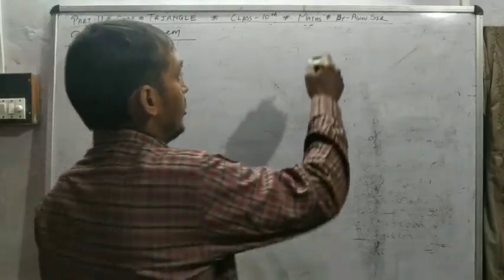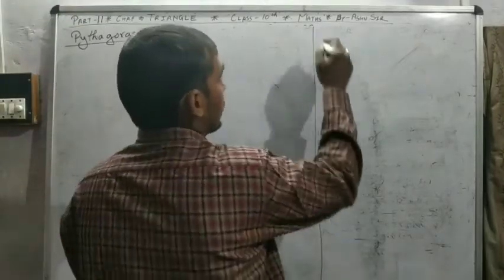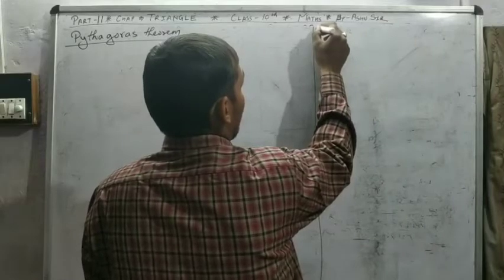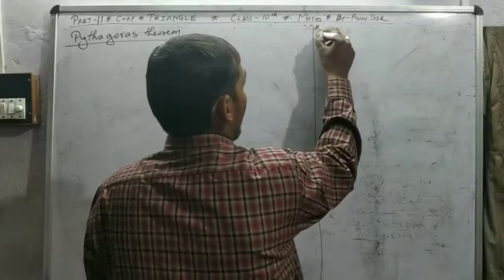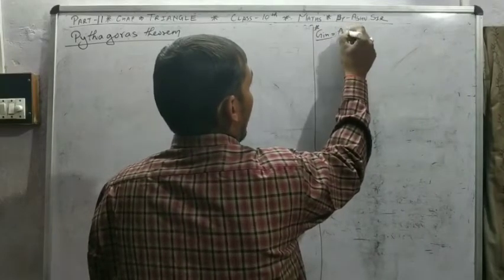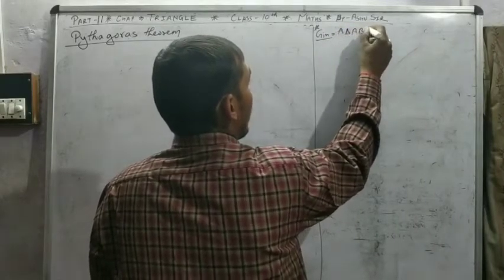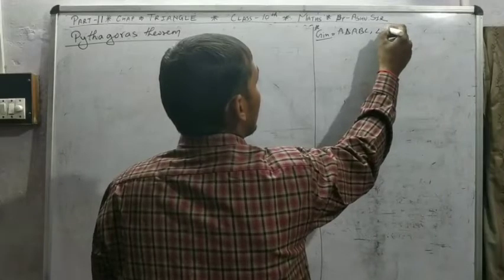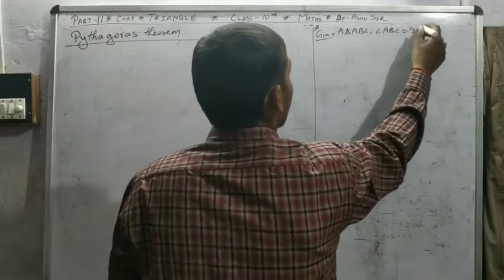Let's see here. We start from the proving part. What is given? A triangle ABC, angle ABC is equal to 90.